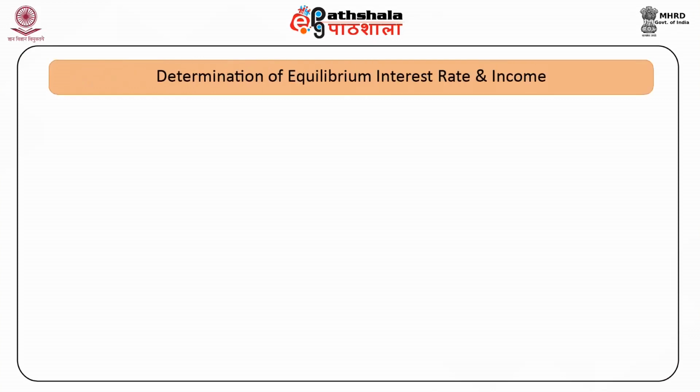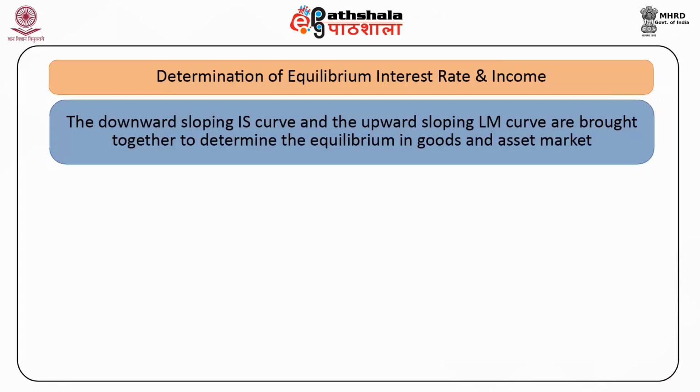Determination of equilibrium interest rate and income. The downward sloping IS curve and the upward sloping LM curve are brought together to determine the equilibrium in goods and asset market.